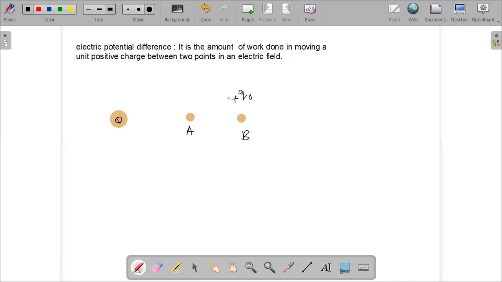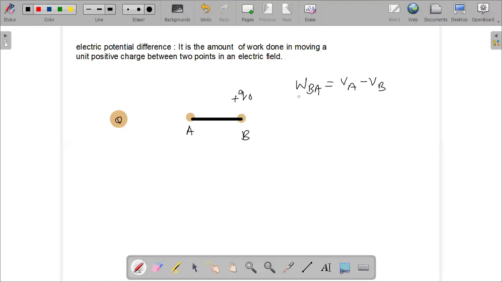A positive test charge is kept here. If we bring this charge from point B to the point A, in this process we are doing some work. So our work done from point B to the point A will be equal to the electric potential difference between the points, and it will be equal to potential at A minus the potential at B.